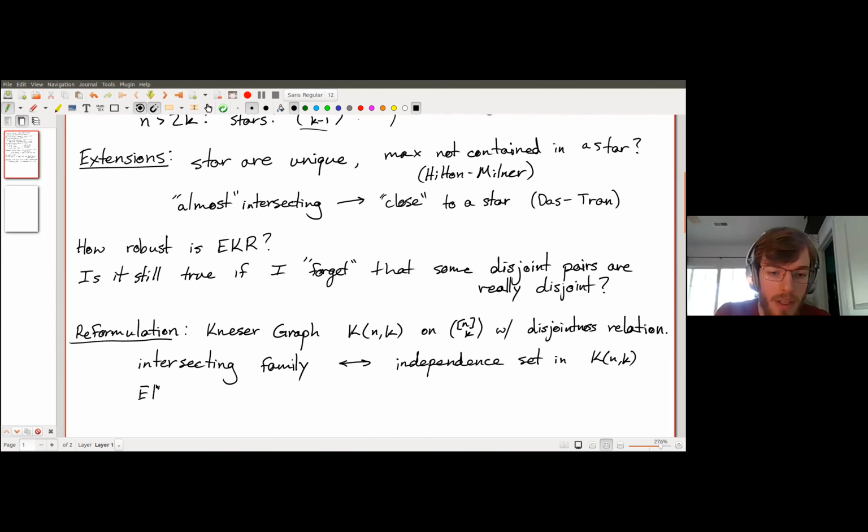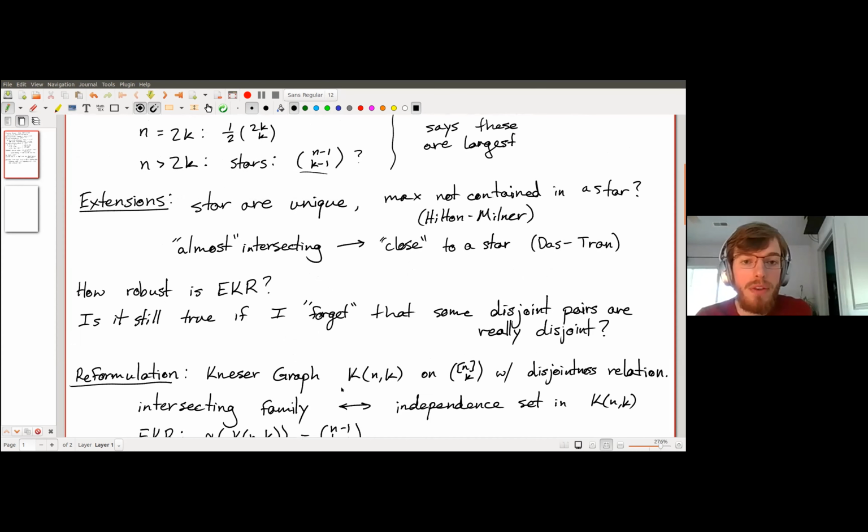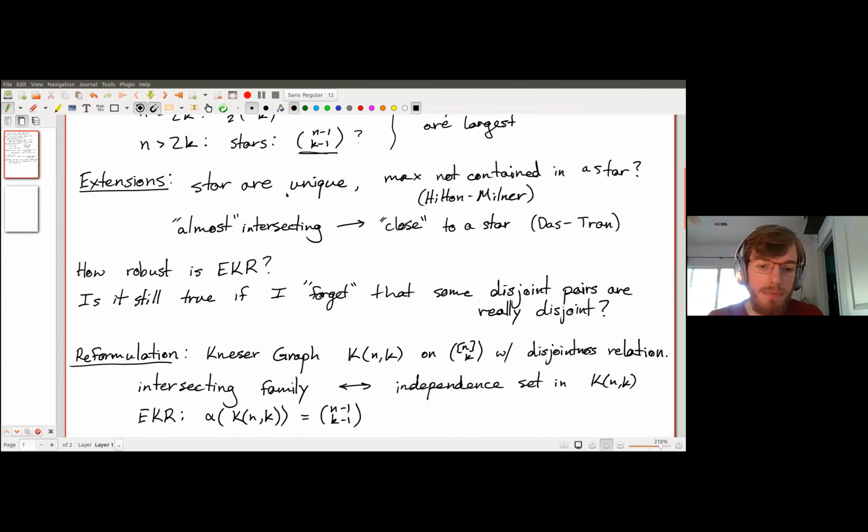So already, immediately, what does the Erdős–Ko–Rado theorem say? It says that the independence number, alpha being the symbol for that, the maximum independent set of the Kneser graph, has size n-1 choose k-1, and it's achieved by stars, the same construction.